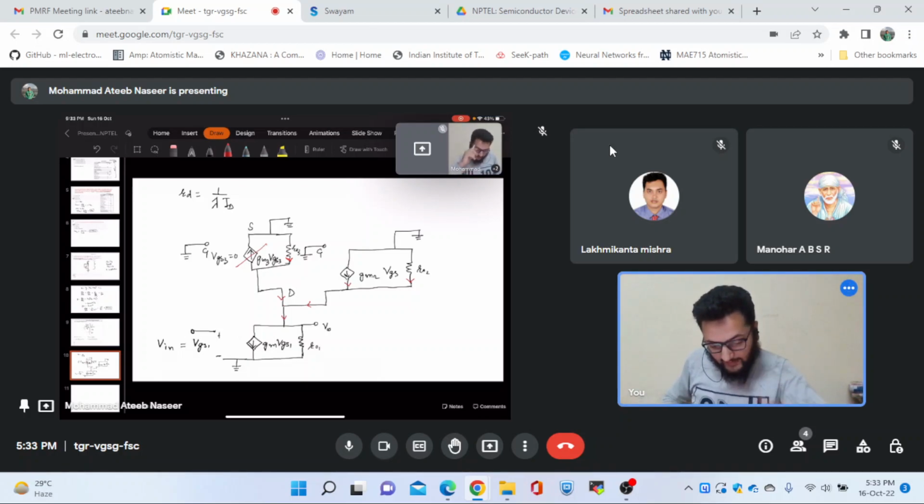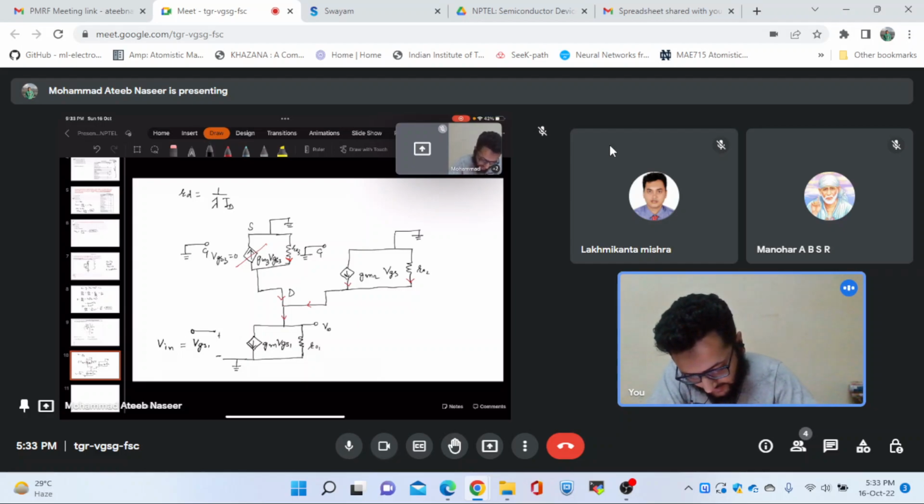So it means I need to write down this KCL. The KCL for this will simply look like, if this has been grounded and this is the V naught voltage, we will be having the current which is coming from this terminal. It will be 0 minus V naught by r0 3, simply.